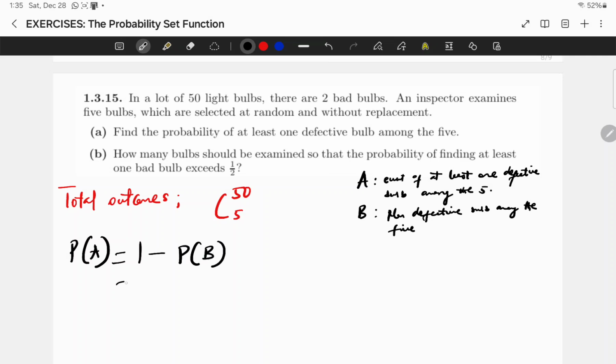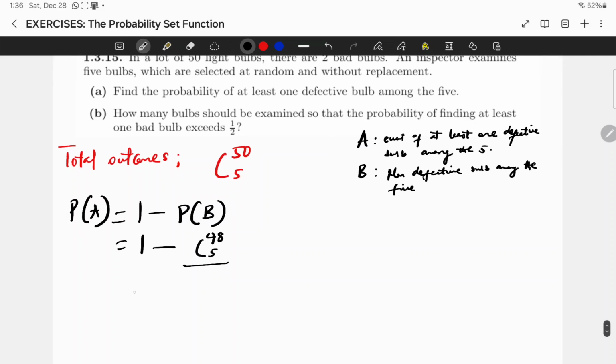If there will not be any defective, then it means that these 2 bad bulbs, you have to subtract from the 50 bulbs, and that gives us 48. So we have 48 light bulbs that are not defective. Then out of it we pick 5 bulbs, and then we take our 50 combination 5, which is the total outcome.